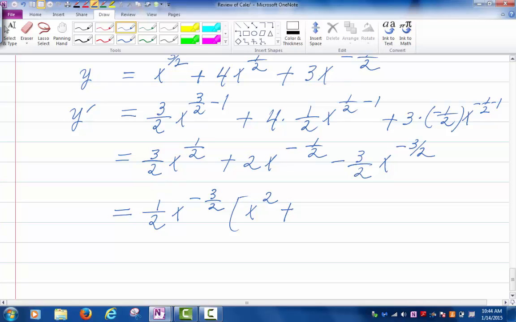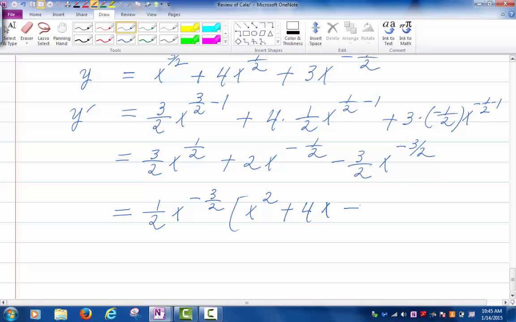Plus, when you divide, now we're looking at here, we're dividing this by this. What is 2 divided by half? 4. What's x to the negative half divided by x to the negative 3 half? It will be negative half minus negative 3 half, so negative half plus 3 half, which will be what? 1.